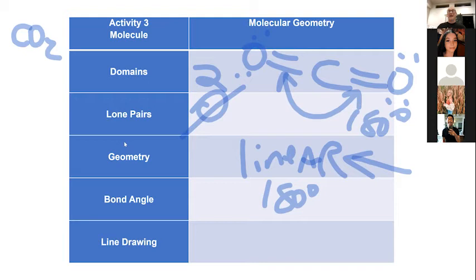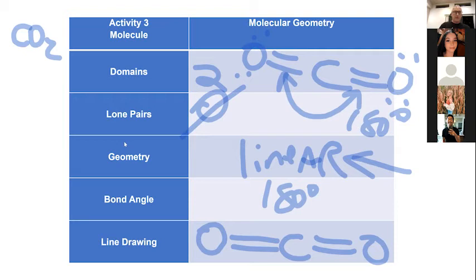You just see the atoms. So what shape would that look like if you just see the atoms? Linear. It looks linear, right? Because they're all in a line. So it becomes linear when you put the second bond between the carbon and the oxygen. So when you do the line drawing, it's the same as the Lewis structure because it's just a straight line.